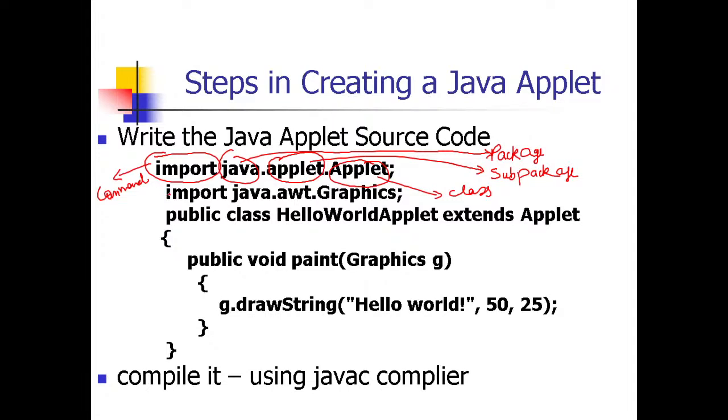In the same manner, another statement is import, again a command, java is a package, awt is a sub package which has a Graphics class. If we are talking about the applet, then definitely there should be some graphics included in it. The Graphics class makes our applet graphical.